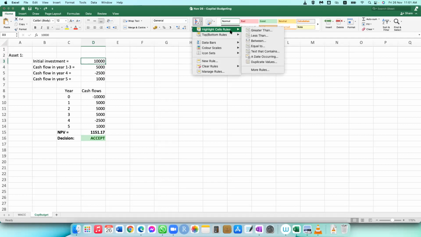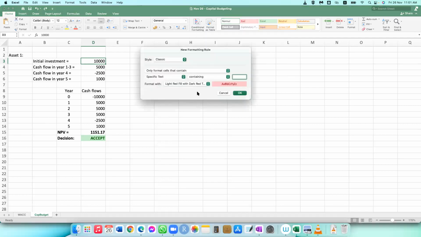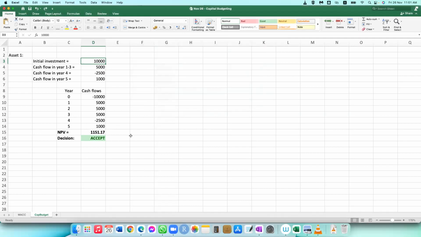This is not something we should teach in class. Those who are enthusiasts will think about that. You can spend a very long time with conditional formatting. Anyway, this is how you can work with the project decision.